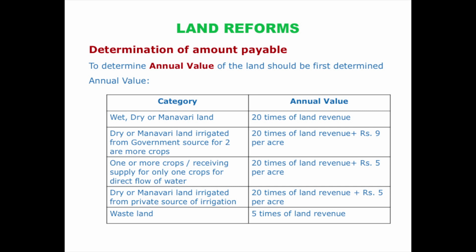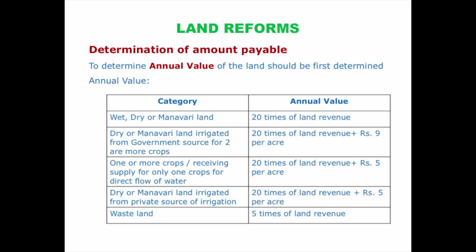If dry and Manaveri with one crop, the annual value is 20 times of the land revenue plus rupees 5 per acre. If lands are dry and Manaveri irrigated from private source, 20 times of land revenue plus rupees 5 per acre.